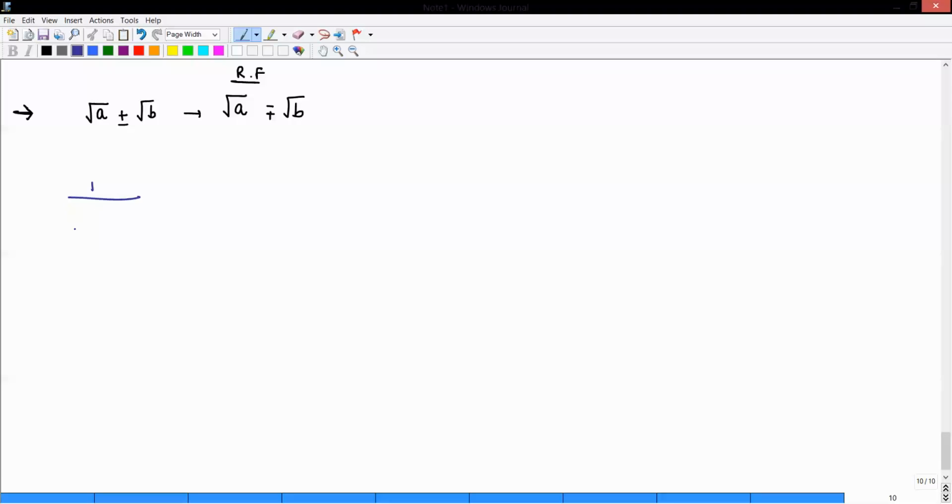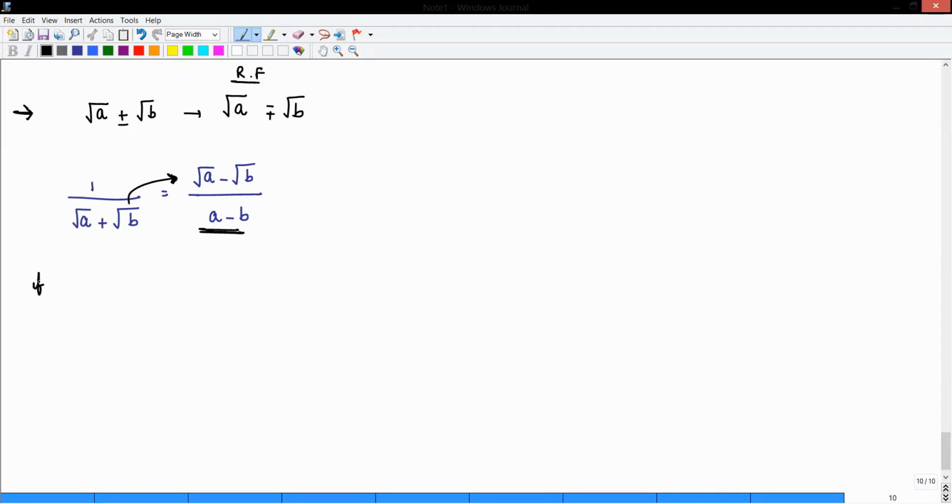If you have 1 by root a plus root b, you multiply it with root a minus root b, then the denominator becomes what? A minus b. Its conjugate will come in the numerator. Its difference of a and b comes in the denominator.